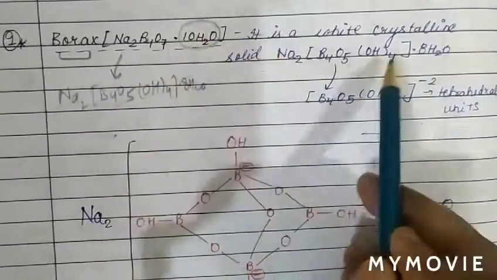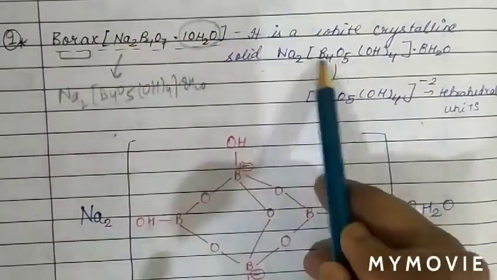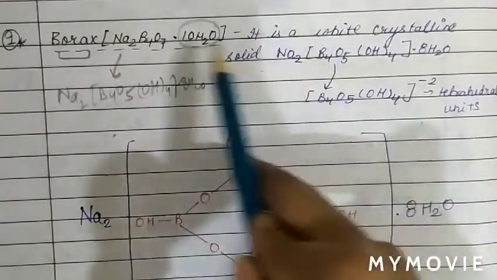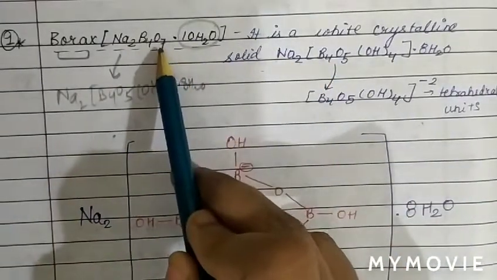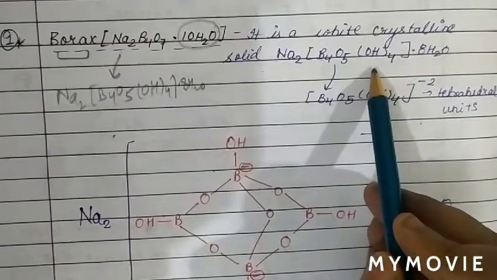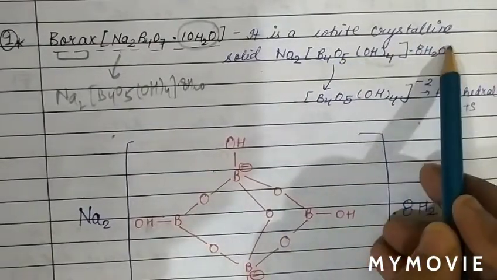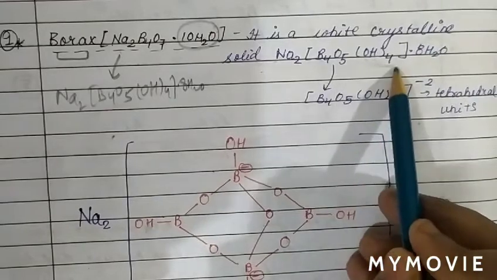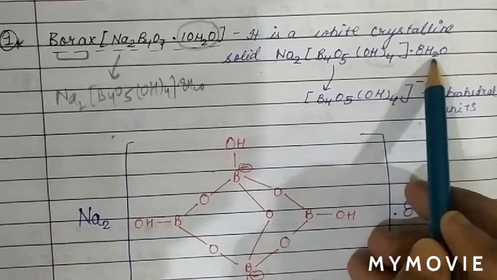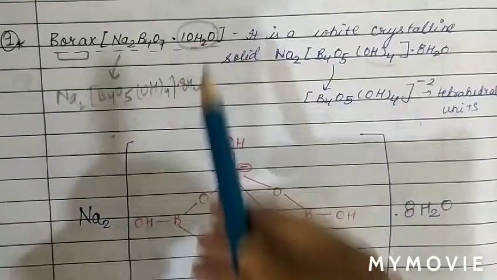So this and this formula remain the same. 2 Na atoms, 4 boron atoms. How many oxygen atoms are there? 7 and 10, 17. Also there, 5 and 4, 9, and 9 and 8, 17. And hydrogen, how many? 4 and 16, 20. And also there are 20 hydrogens.